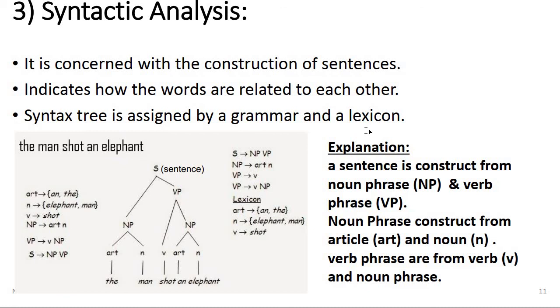So dalam syntactic analysis sekarang ni, tadi kita dah identify mana satu. Okay, first step kita tengok dari segi phonology and phonetics. Sebab kalau natural language yang melibatkan speech, dia kena identify dulu mana satu yang K, mana satu yang C. So they have to identify.